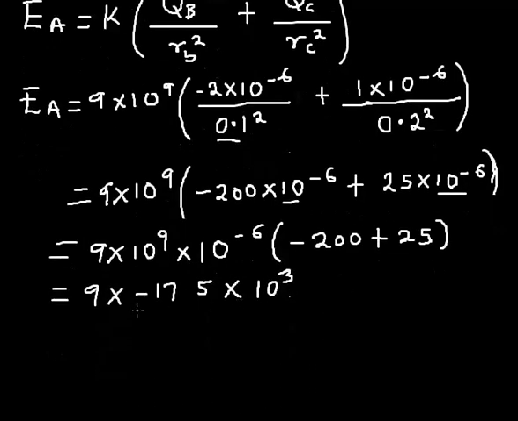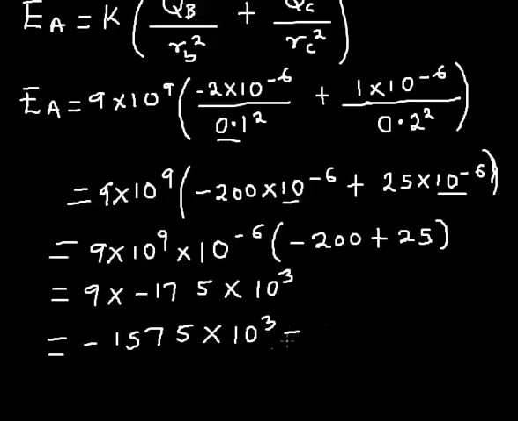Okay, so let's multiply 9 times 175. What do I have? 1575. I'm having minus 1575 times 10 raised to the power 3.